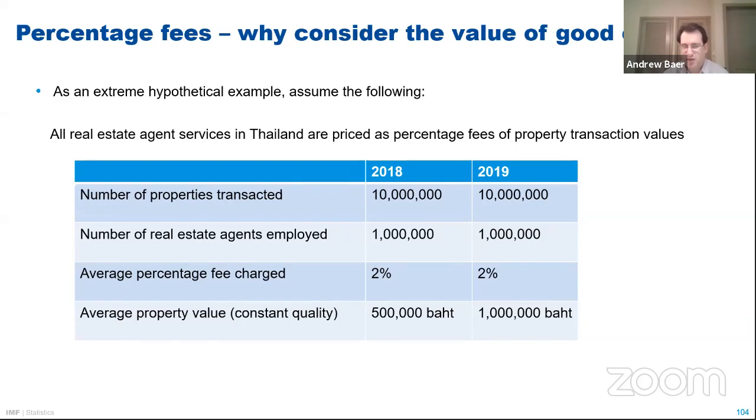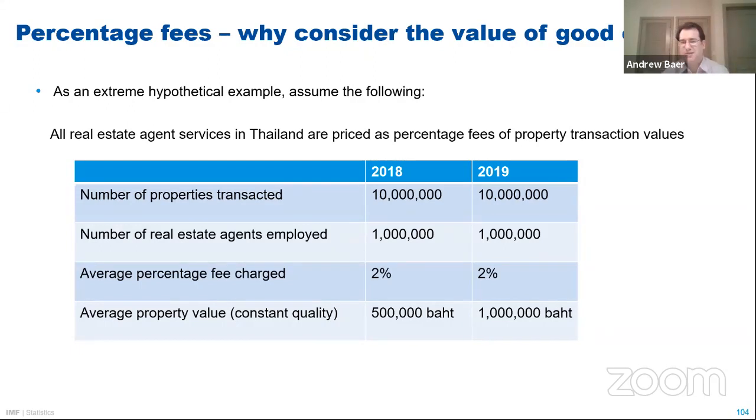Same number of properties transacted, same number of agents working in the field, and the same percentage fee charged. However, let's say Thailand had a total housing boom, and the average property value in constant quality, meaning the very same house in the following year now is worth twice as much as it was in the prior year.